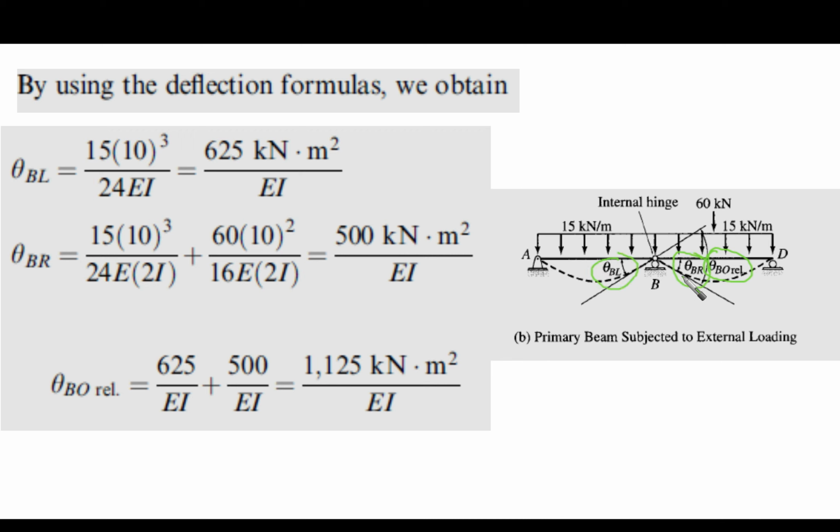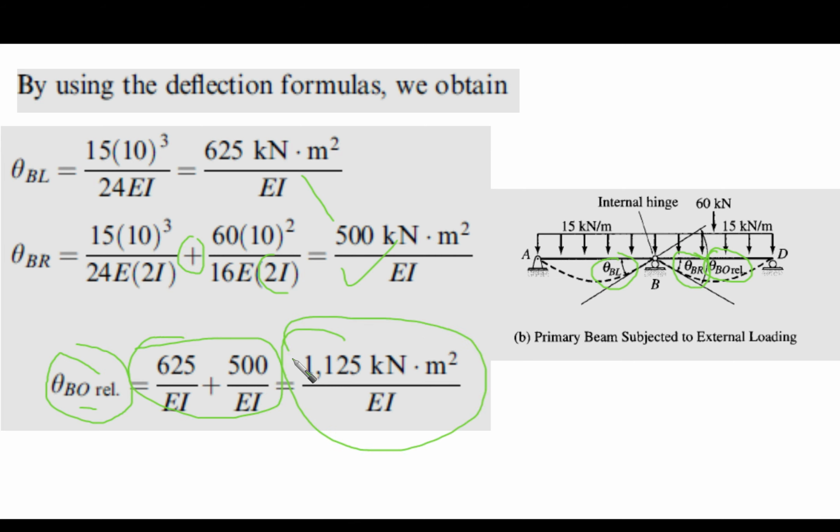So regardless of the sign, we are going to sum them up. No problem here, we just want the magnitude itself. 60 times L squared over 16 times the inertia. We can obtain it easily now. So now we can get theta BO by summing up these two values. We are going to end up with 1,125 kilonewton meter squared over EI.